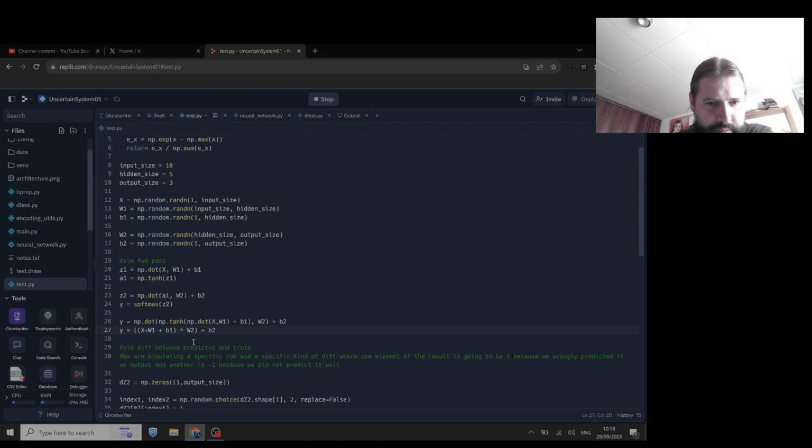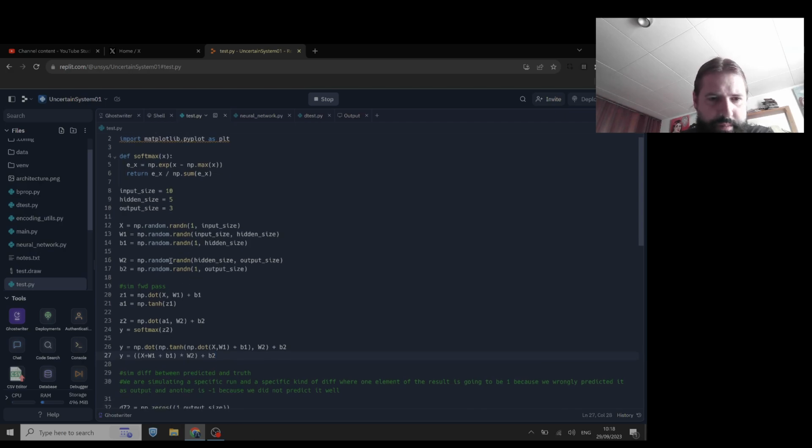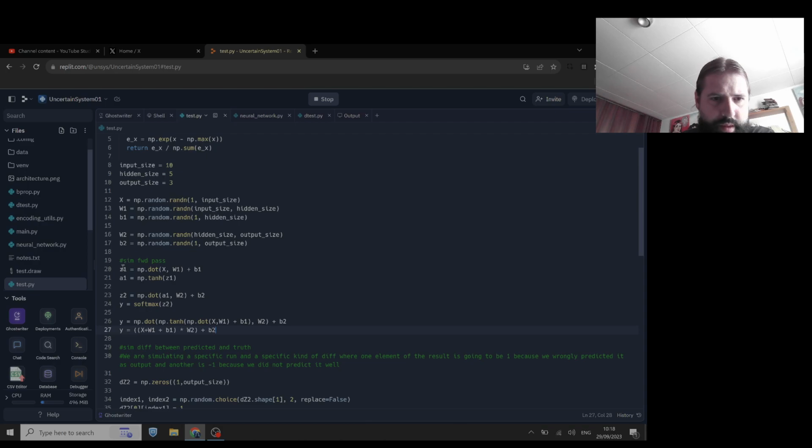But in a way, this is kind of, let's say, z1, right? That is basically z1. And so essentially what you're saying is the derivative of these with respect to w2 is obviously just z1.